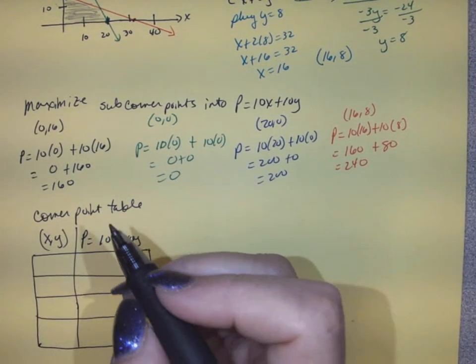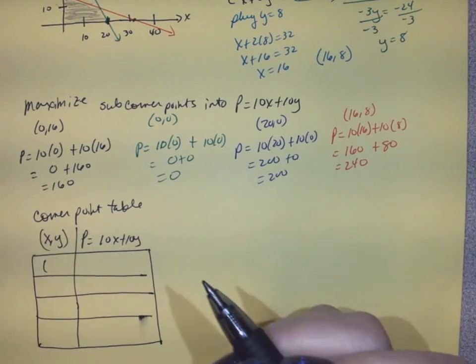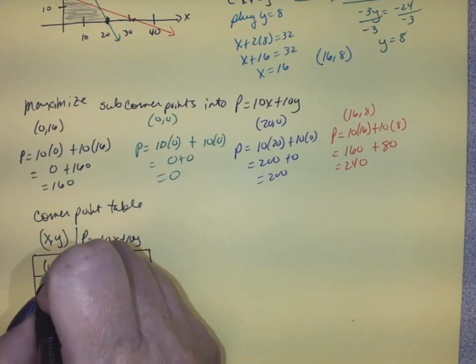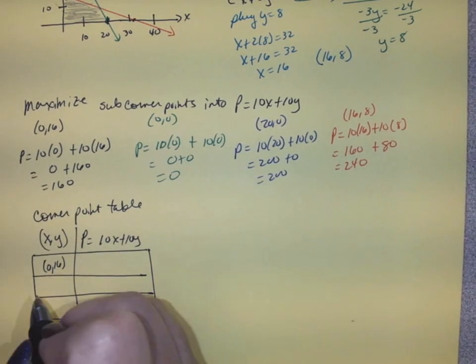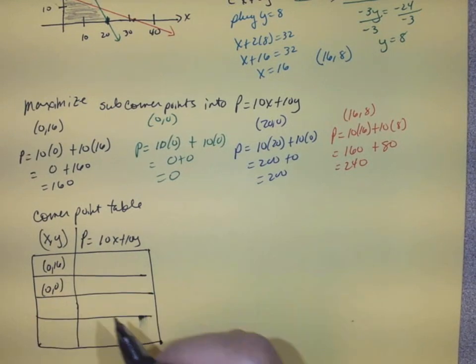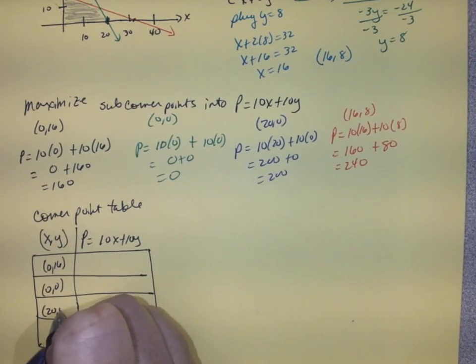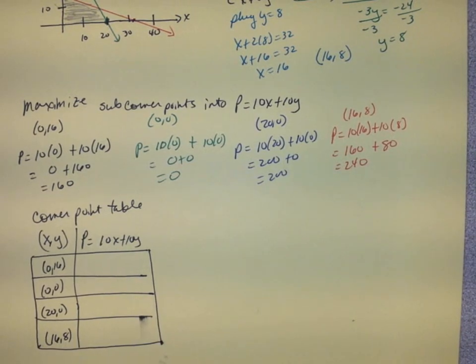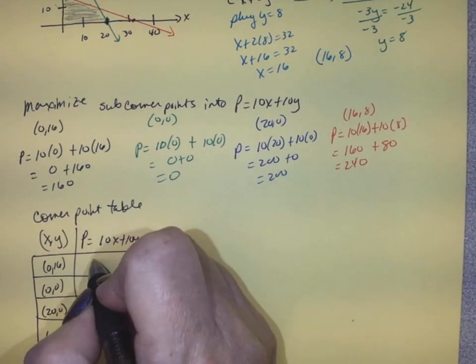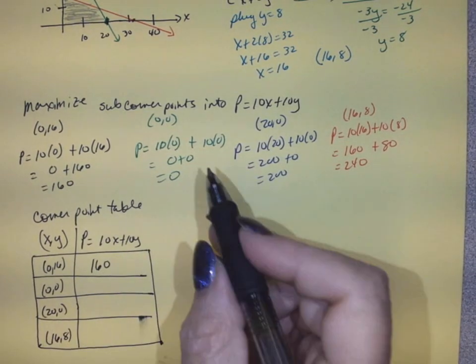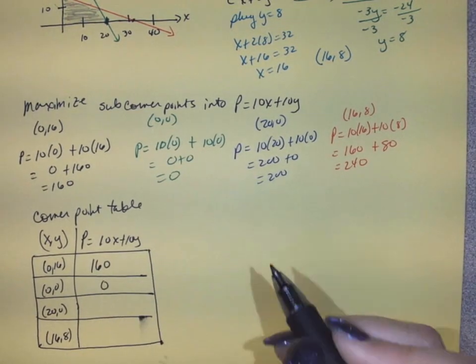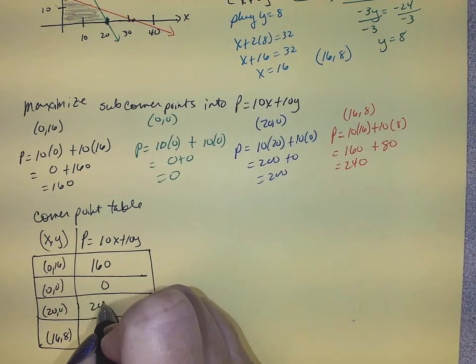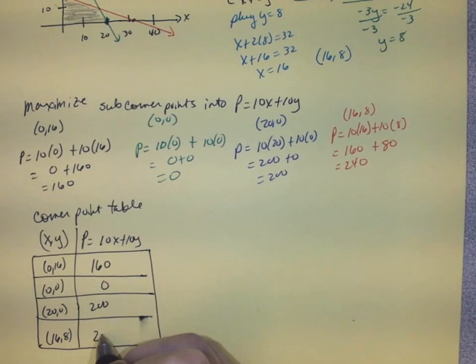All right, so we have the point of 0, 16. Order does not matter. We had 0, 0. We had 20, 0, and we had 16, 8. So for the 0, 16, we had a total of 160. For the 0, 0, we had 0. For the 20, 0, we had 200. And for this one, we had 240.